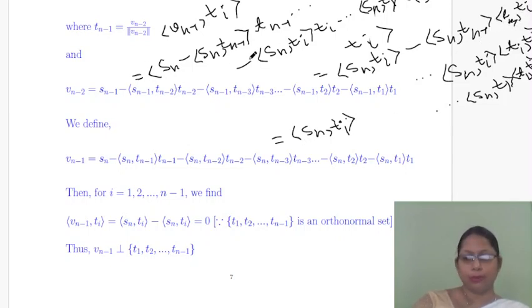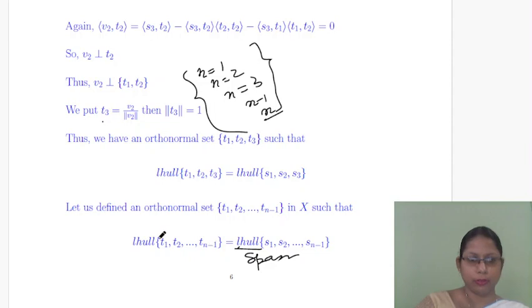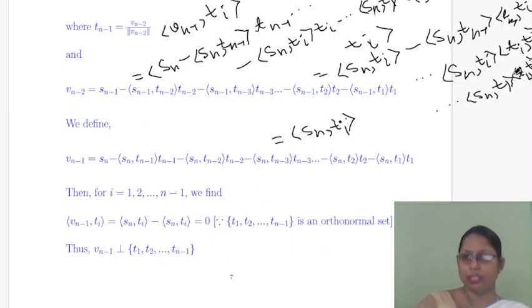Since T1, T2, up to Tn minus 1 is an orthogonal set, all these inner products are equal to 0.